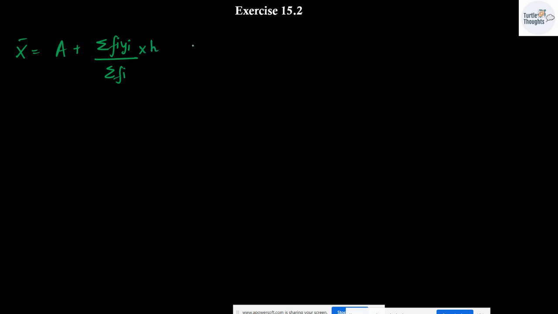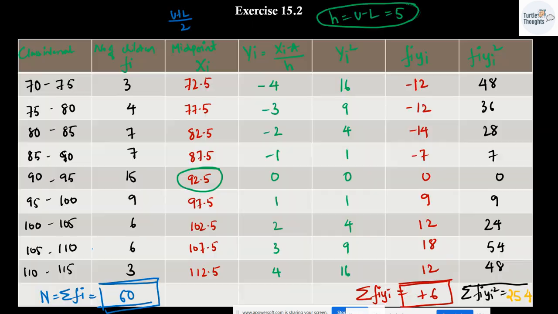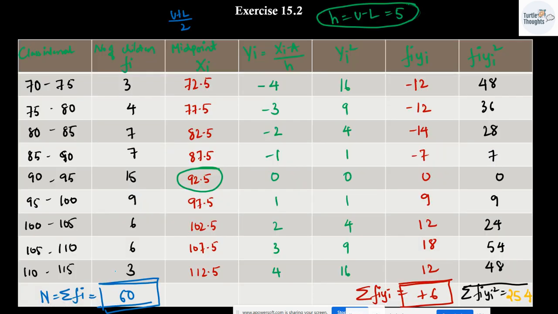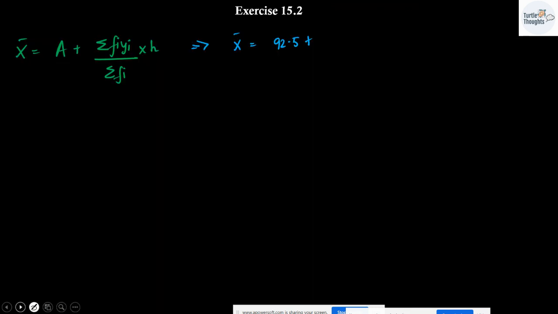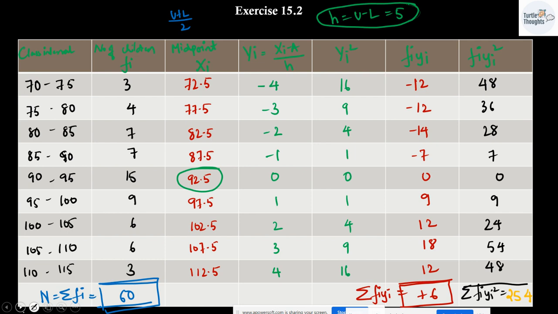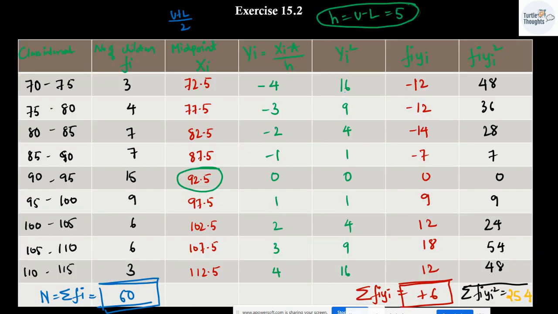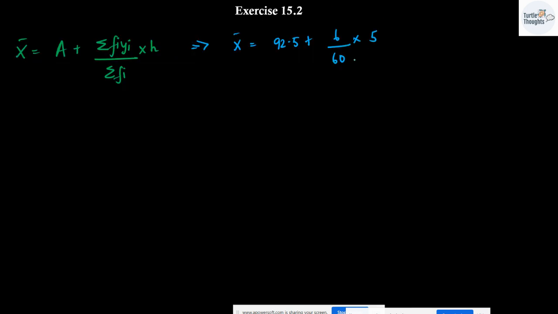Substituting the values, I will be getting x bar, the value of a is 92.5, plus summation of fi yi is going to be equal to 6, divided by summation of fi. Summation of fi is going to be 60 multiplied by h. The value of h we have got as 5.